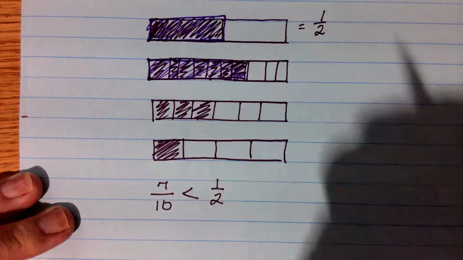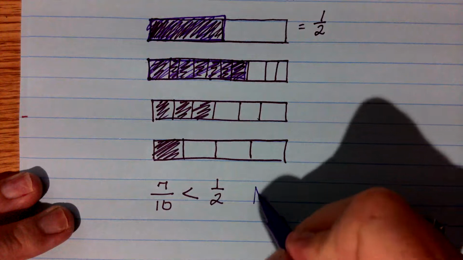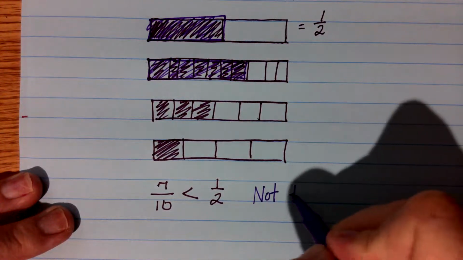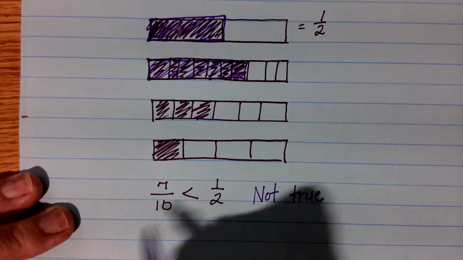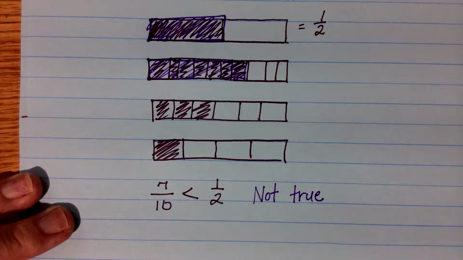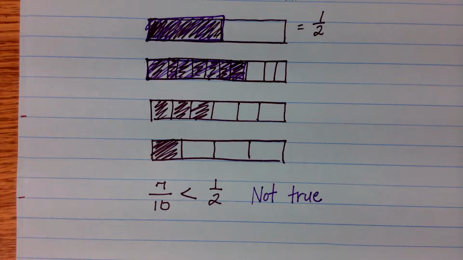Once we look at the model, we can decide, no, this is not true. 7/10 is actually greater than 1/2.